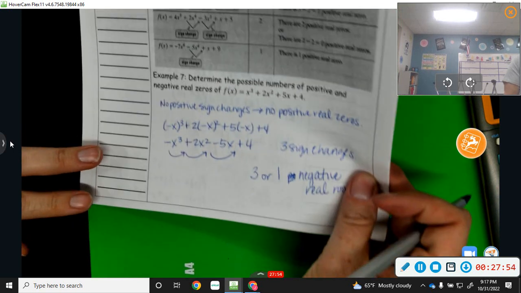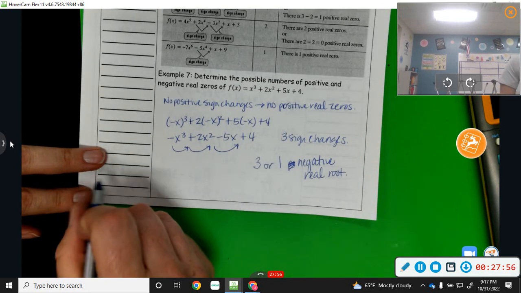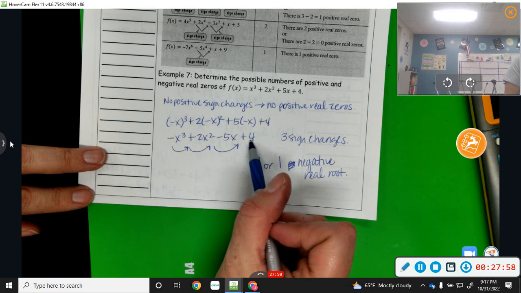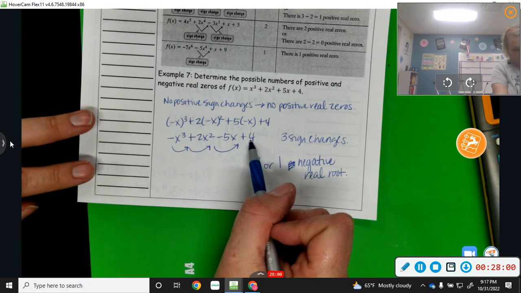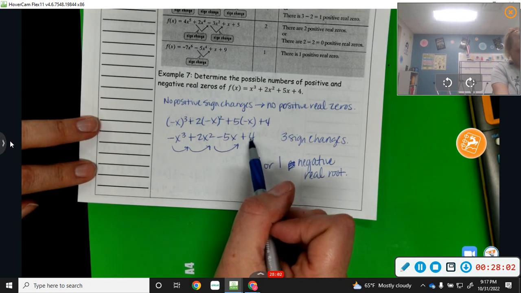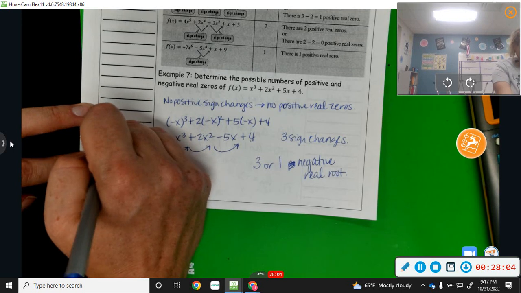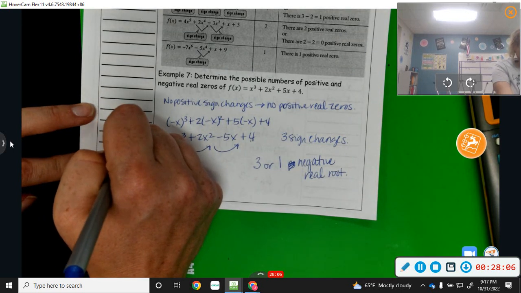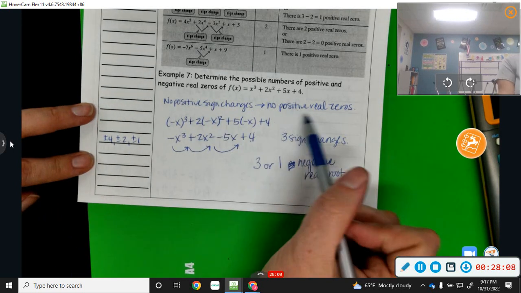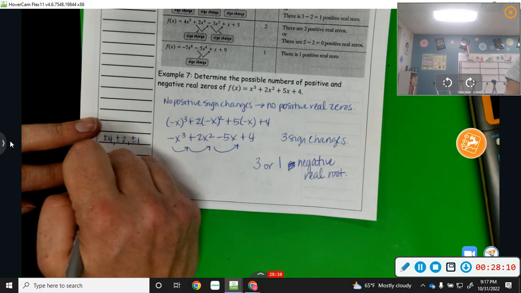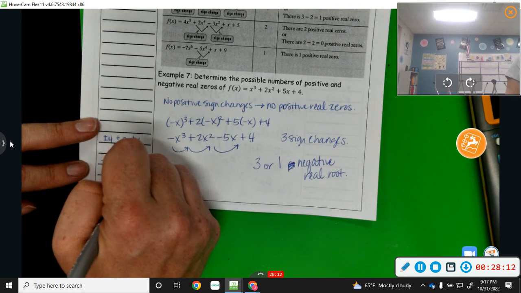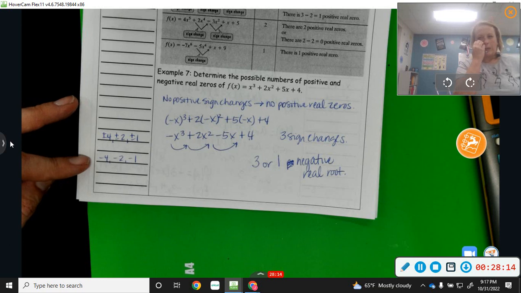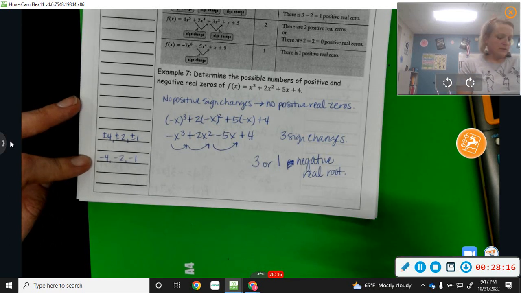And actually, just so we can get on it, the possible roots would be positive or negative 4, positive or negative 2, positive or negative 1. So like here are my roots. But we already know that there are 0 positive real roots, so it's either going to be negative 4, negative 2, negative 1. And hopefully this helps you see how you can eliminate some choices.